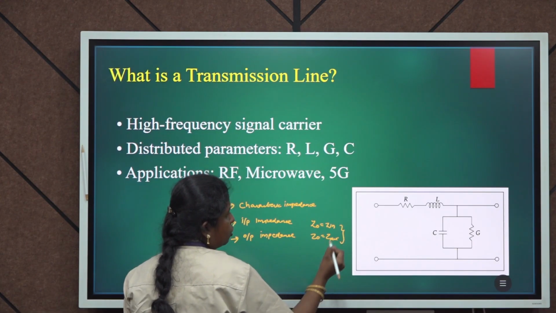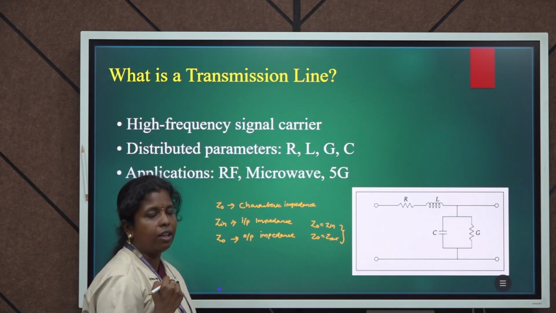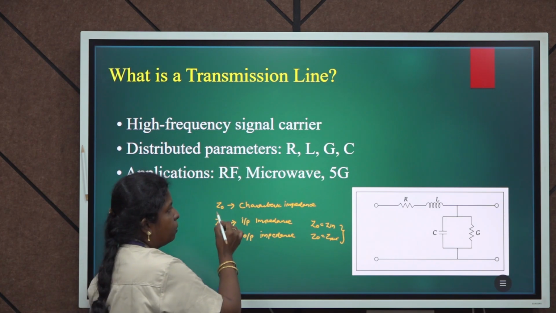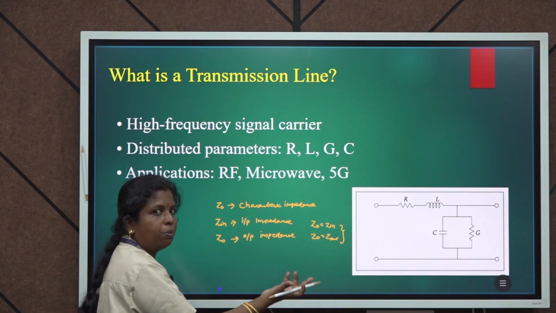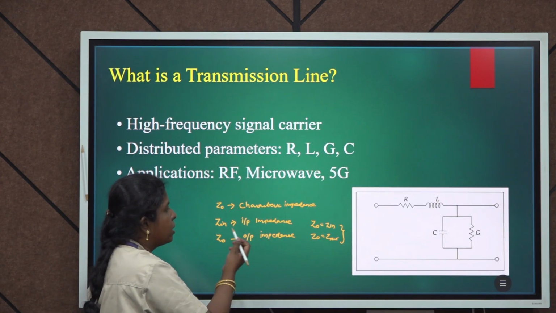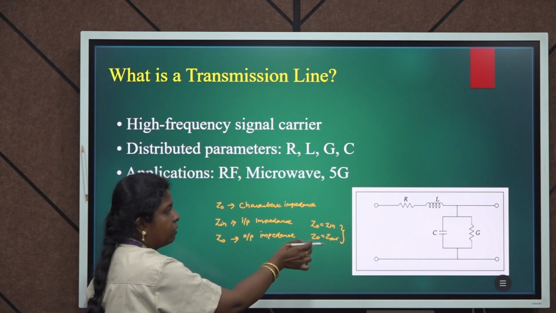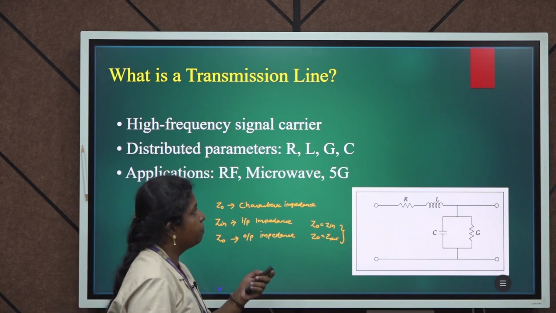This condition should be satisfied to achieve maximum power transfer between the transmitter and receiver. So always be very cautious in deciding the characteristic impedance, which is the media for transmitting your transmission waves, and the input impedance and output impedance should be matched with the characteristic impedance of that particular transmission line.